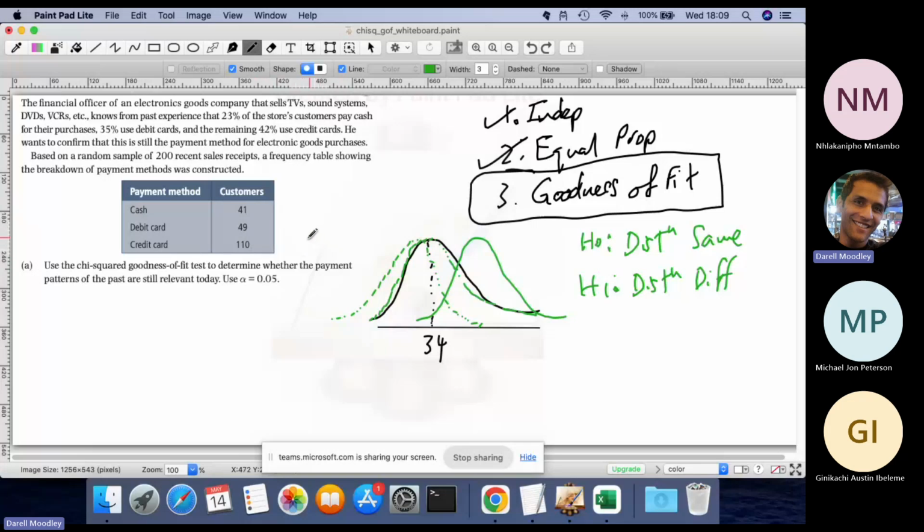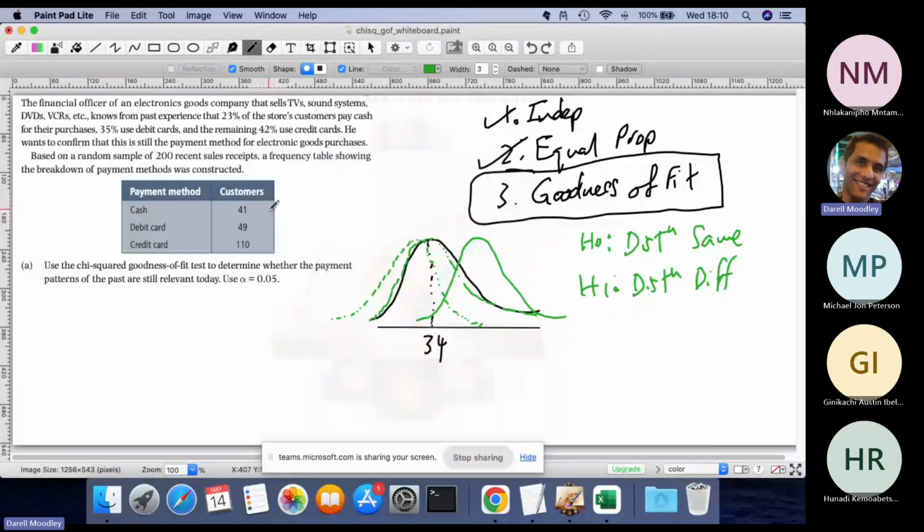Maybe now that has changed significantly, and it's easy to understand why, because there are a lot fewer people carrying cash. So in the real world now, we would expect the number of people paying by cash has decreased significantly from then to now.